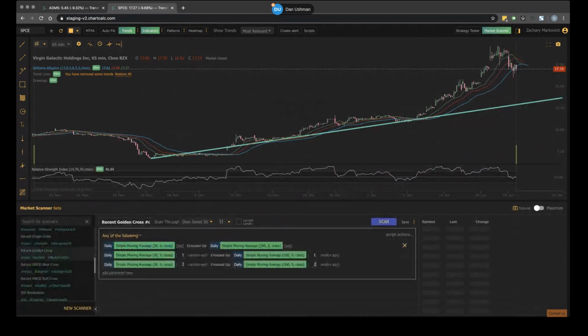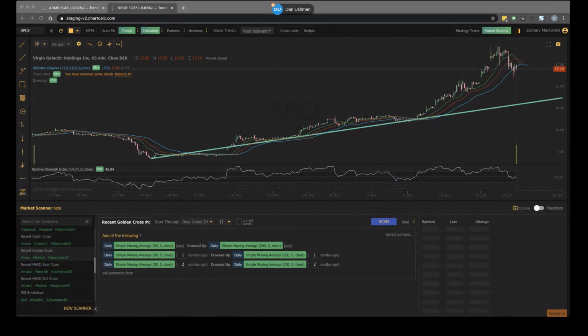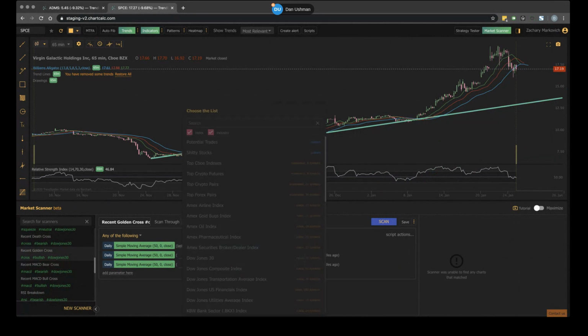I believe there are a few pre-built scans along those lines here as well, like the recent Death Cross and Golden Cross scanners that look for one of the last 3 candles having a 50 versus 200 cross on it. And yeah, you would list them separately. Let's see what in the Dow Jones 30 has a Golden Cross recently. Nothing.